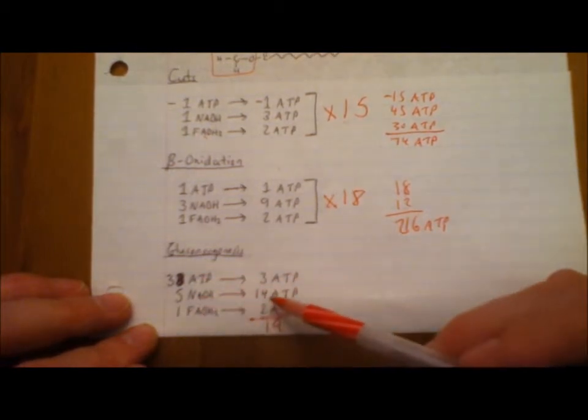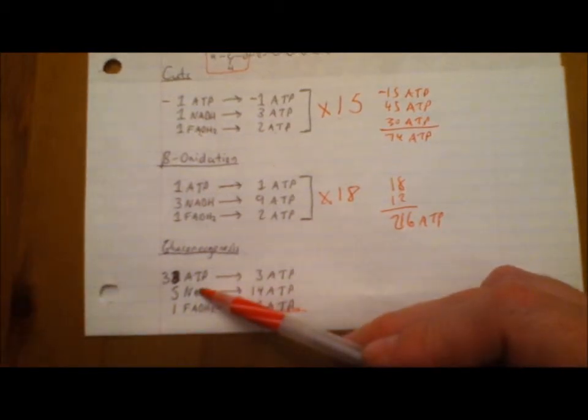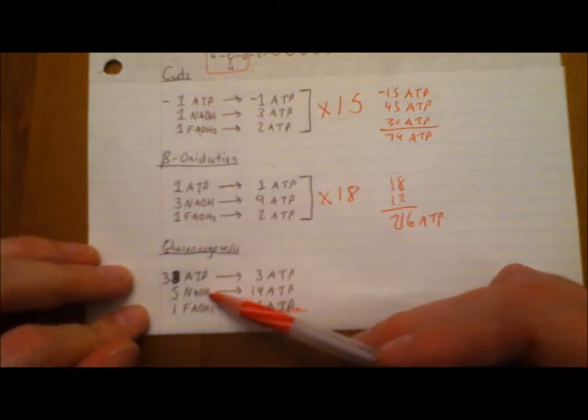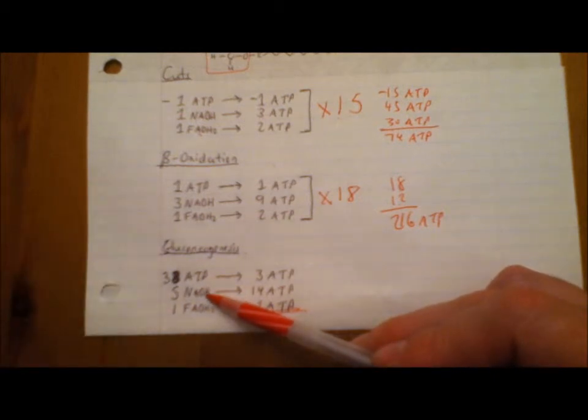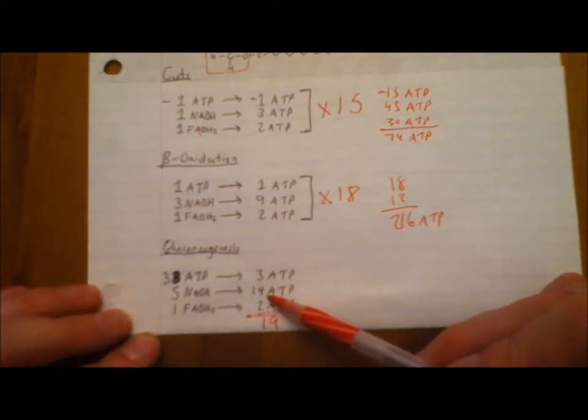5 NADHs produce 14. 4 of those NADHs come from pyruvate oxidation and from the Krebs cycle. The other NADH comes from glycolysis, and that one that comes from glycolysis only produces 2 ATP instead of 3. So this is why this ends up being 14 ATP instead of 15.